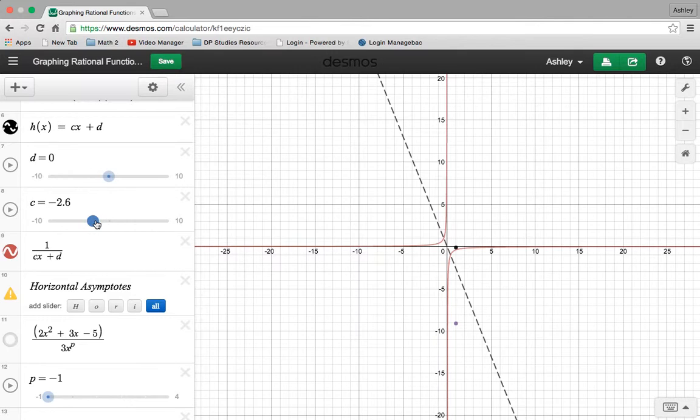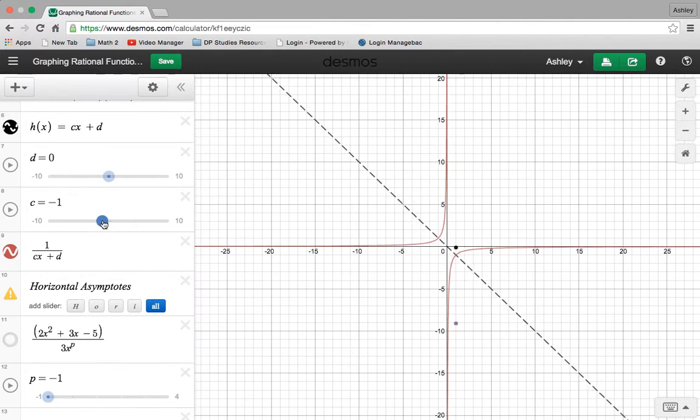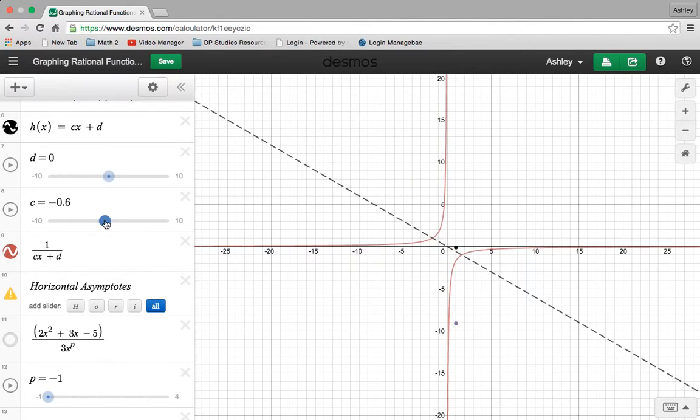As this slope becomes negative, the outputs are also negative. So if this is negative 5, or whatever the case may be, the output is also going to be negative in the reciprocal. The fact that it's a reciprocal doesn't change the output to be positive or negative. It's still in the same place, positive or negative, as the original function would have been.